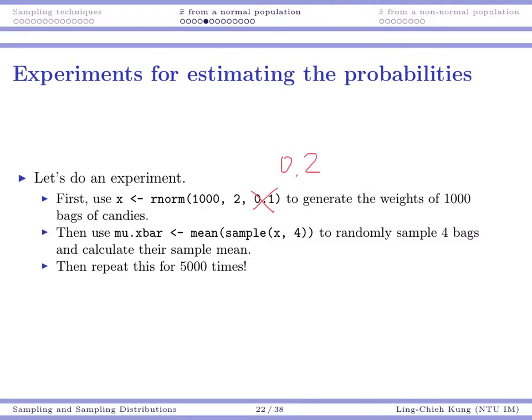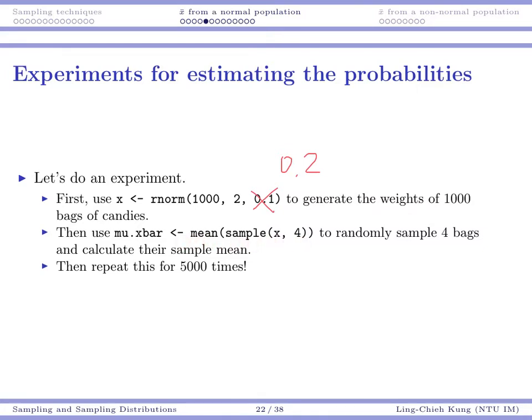If that can be done, then X would be my population, and then I will try to sample 4 numbers from my population. In this case, I do sampling without replacement, right? That's something I should do. And then I calculate their mean value.